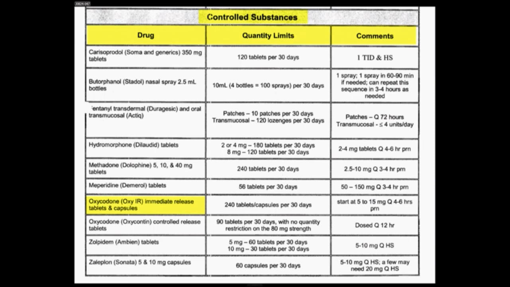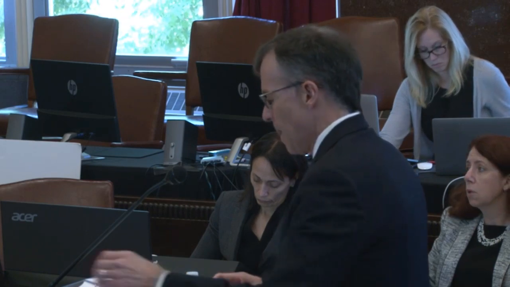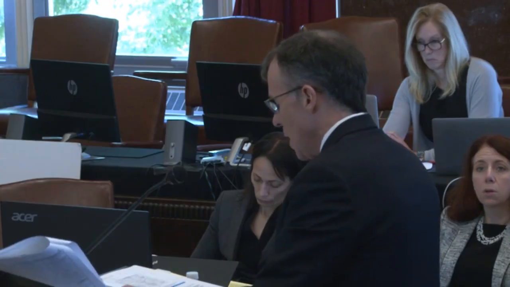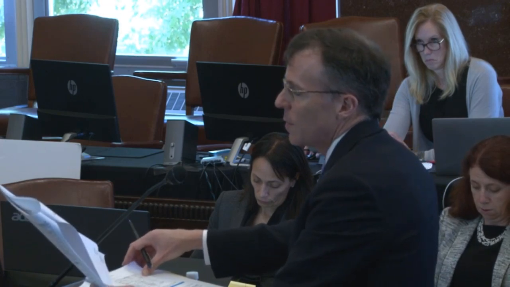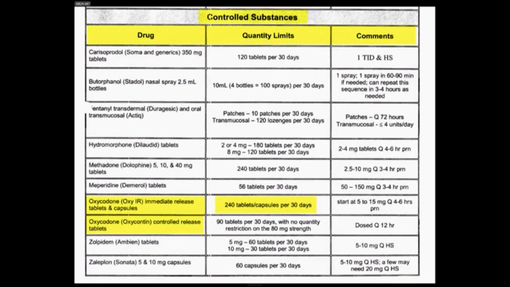And for the immediate release formulation, we see a quantity limit listed, 240 tablets or capsules per 30 days, correct? I see that it says that. Do you know by any chance whether that is more or less than 90 morphine milligram equivalents per day? I don't know that. All right. The next entry is the OxyContin entry, controlled release tablets, and there's an indication 90 tablets per 30 days with no quantity restriction on the 80 milligram strength, correct?